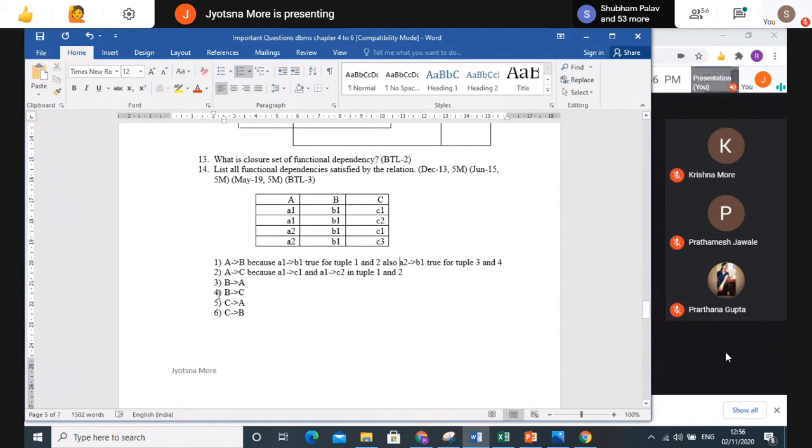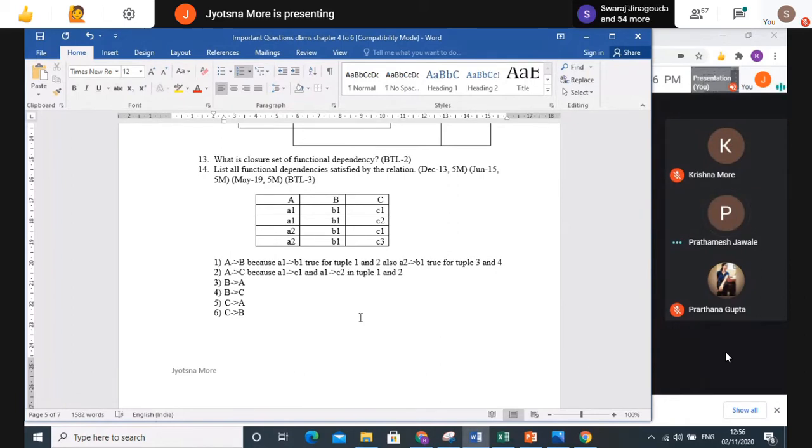Okay, who will give me the answer for B determines A? Present or not? And if yes, what is the reason? If no, what is the reason? Yes, ma'am, B1 is in the first and second tuple, both B1 determining A1. So that is true.